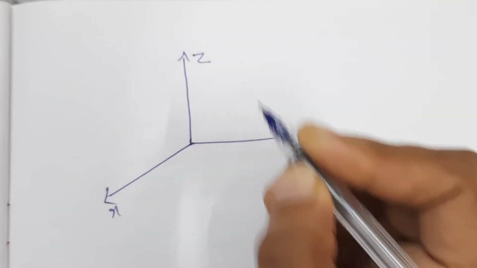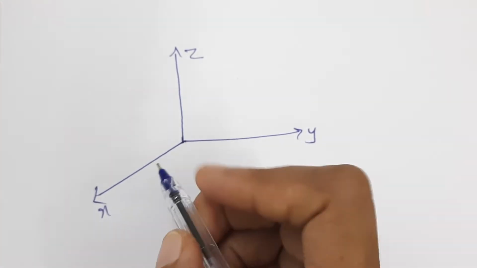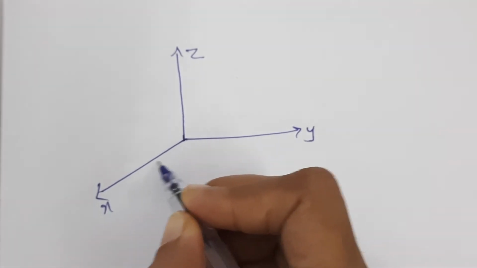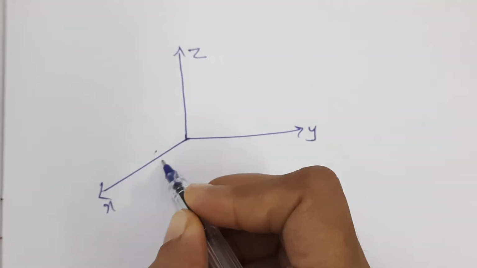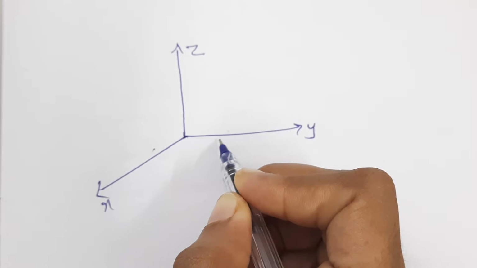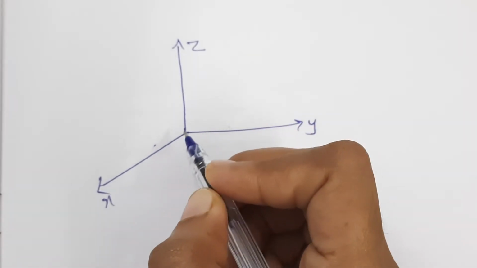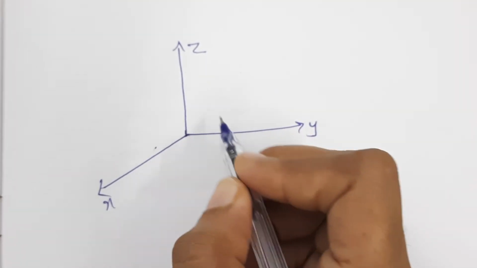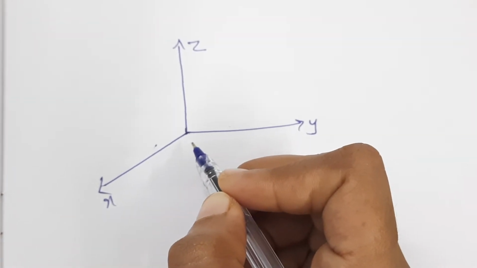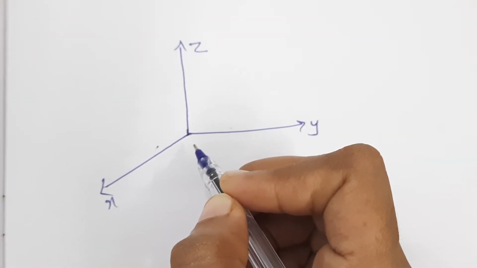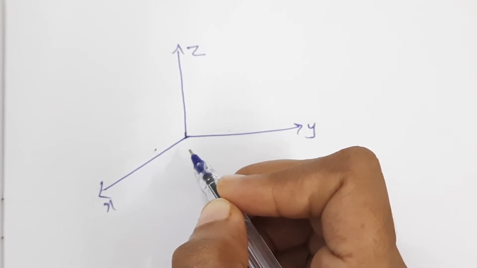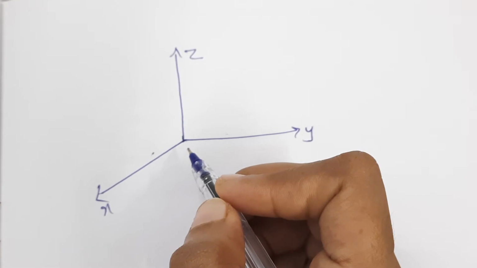This is the z axis. Already we have discussed that i cap is a unit vector along the x axis, j cap is a unit vector along the y axis, k cap is a unit vector along the z axis. These all are positive. The question is the negative x direction, negative y direction and negative z direction.